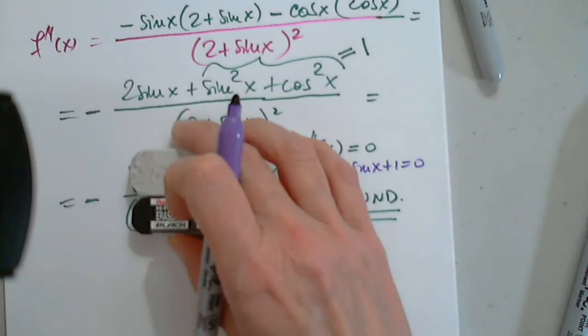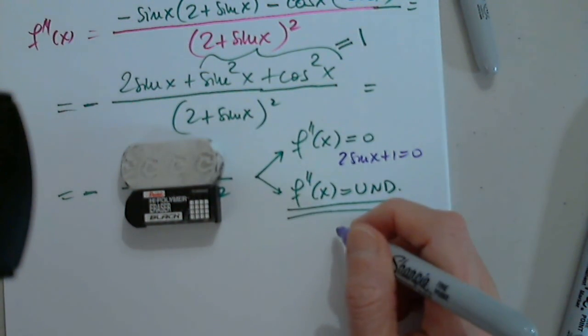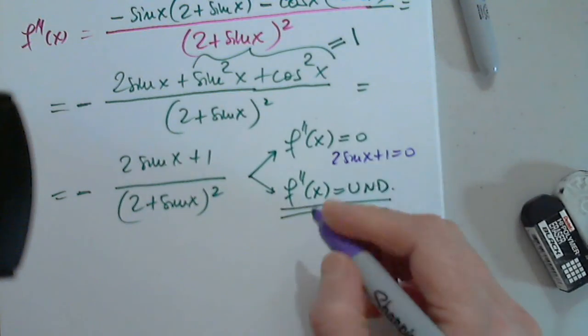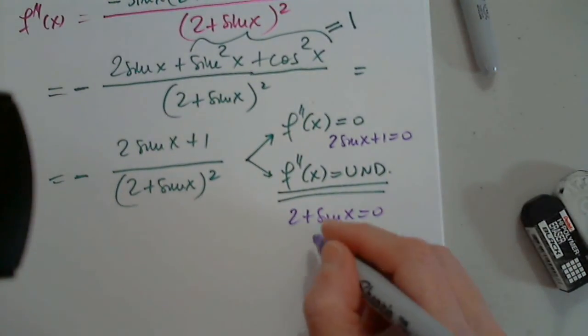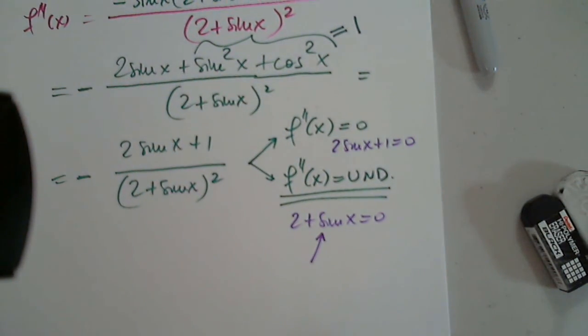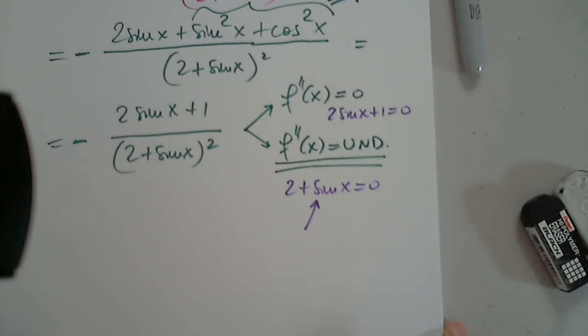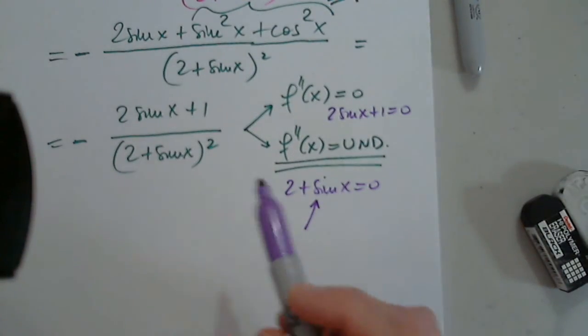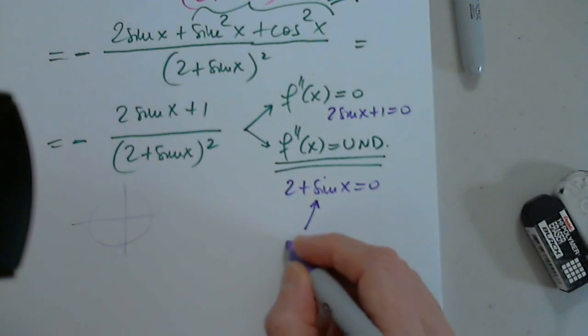Good. When will it be undefined? The denominator equals 0. Very good, yes. When 2 plus sine x equals 0. What are the limits of sine? Because we know we graphed sine, we looked at the table, we looked at the unit circle. 1 and negative 1.